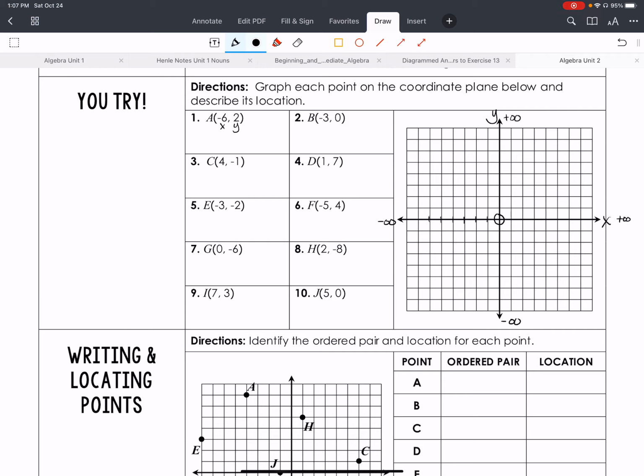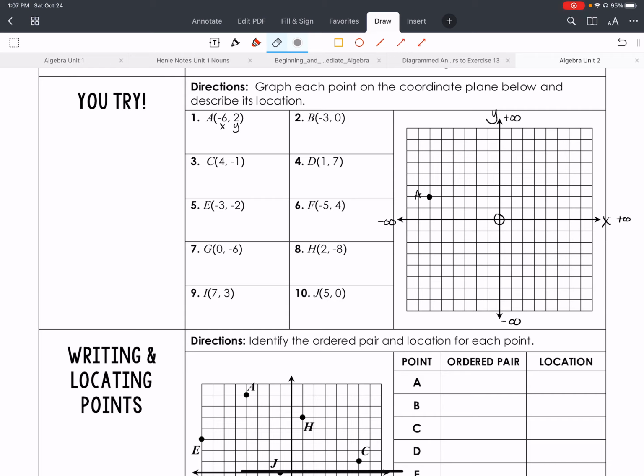This is 6 in the negative direction, towards the negative numbers. And then I'm supposed to have 2 as its representative on the Y number line. So 2 is going to be up. From where I'm at right here, I can just head 2 up, and I will be at where 2 is on the Y number line. And that's where my point would be. So here's point A. Erase all my little marks.